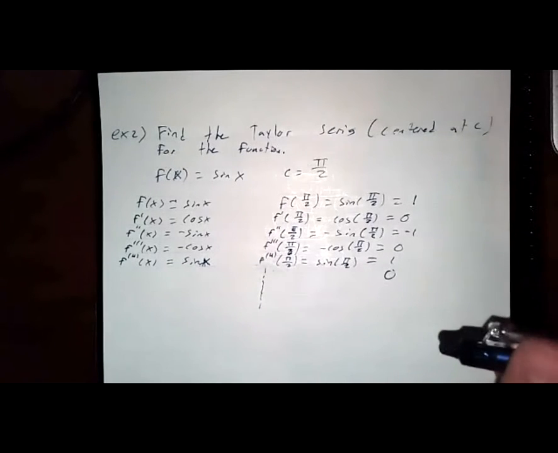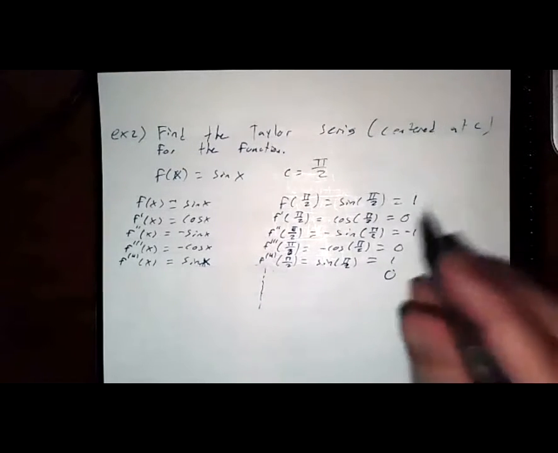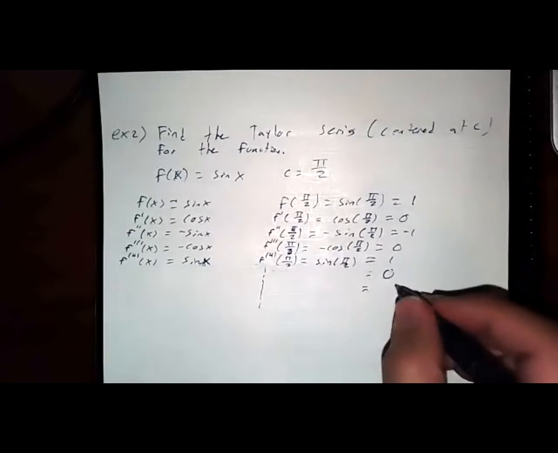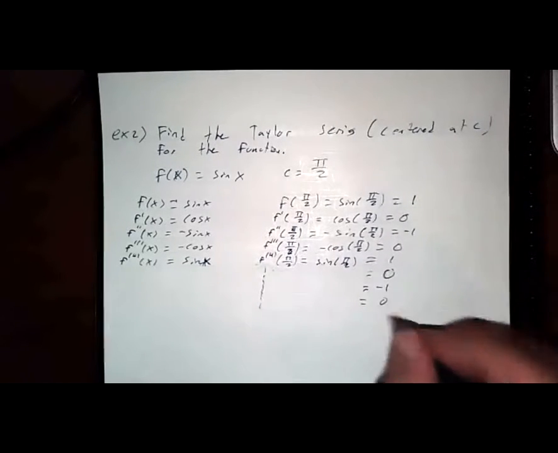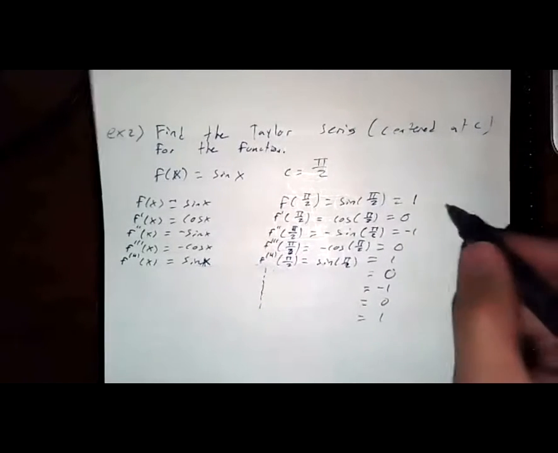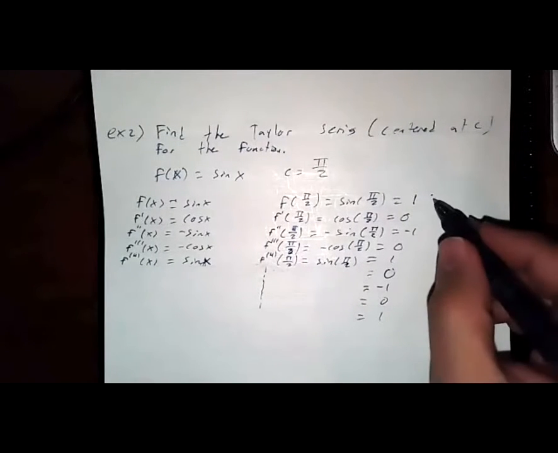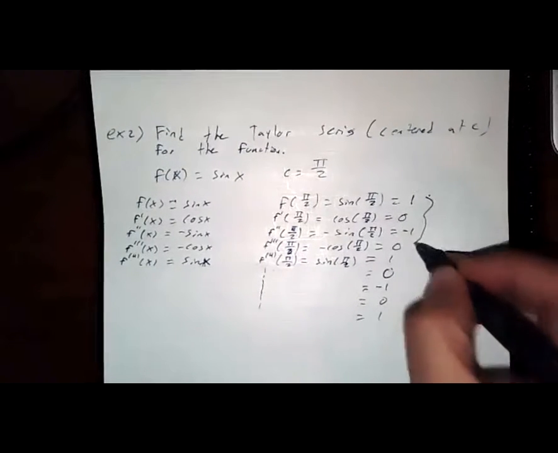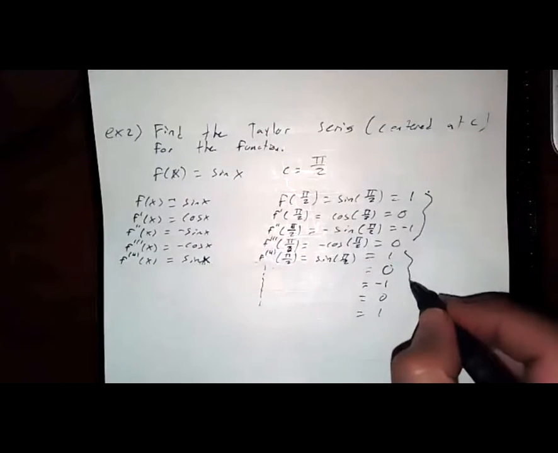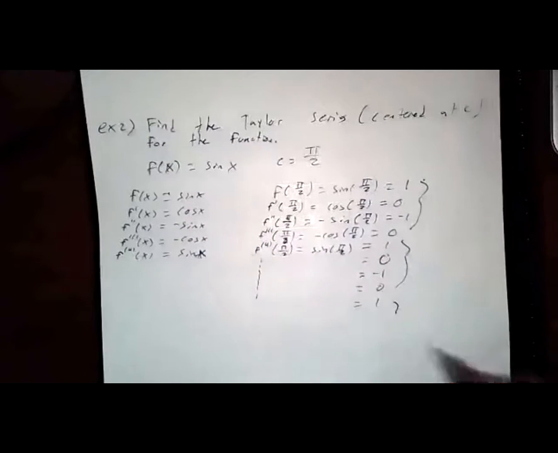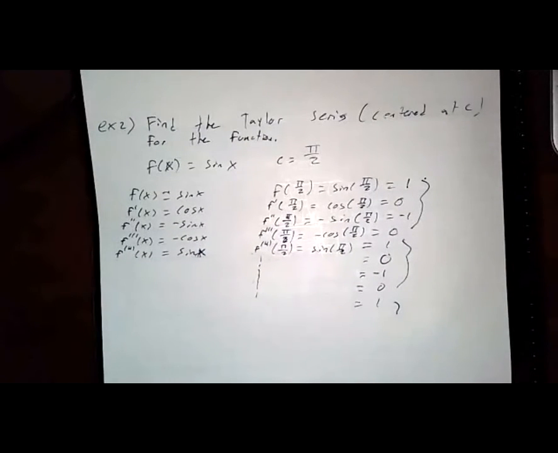The next one would be -1, and the next one would be 0, and it'd be 1 again. So you see how it repeats: 1, 0, -1, 0, 1. It's these, then these again, and then it keeps going forever, I guess.